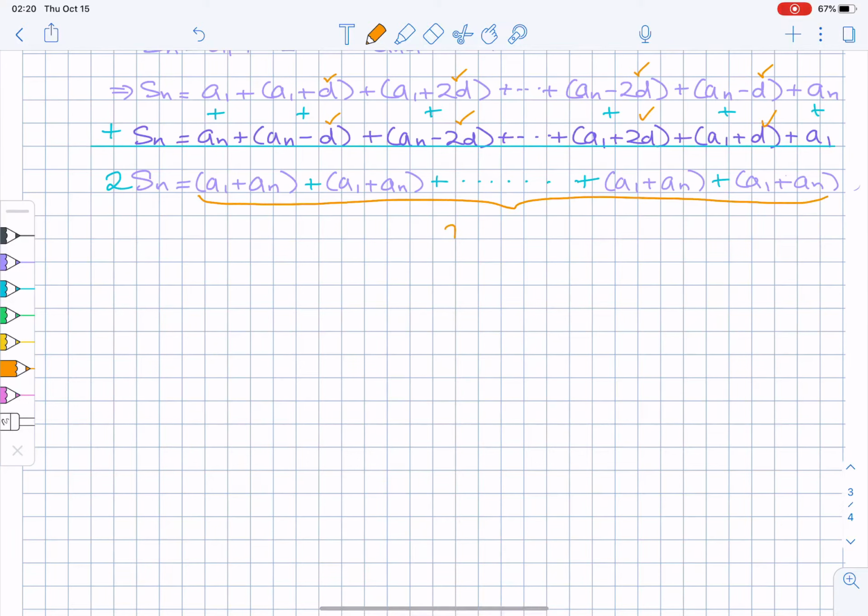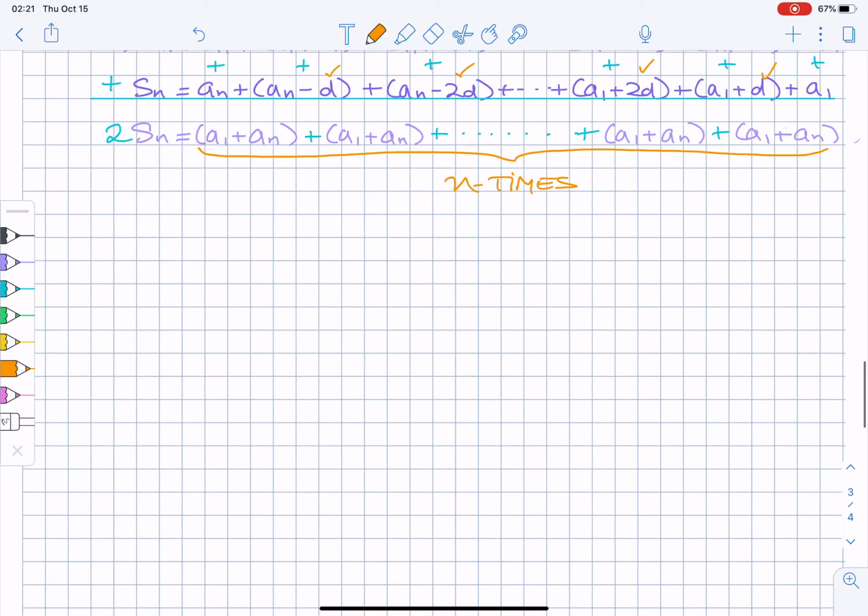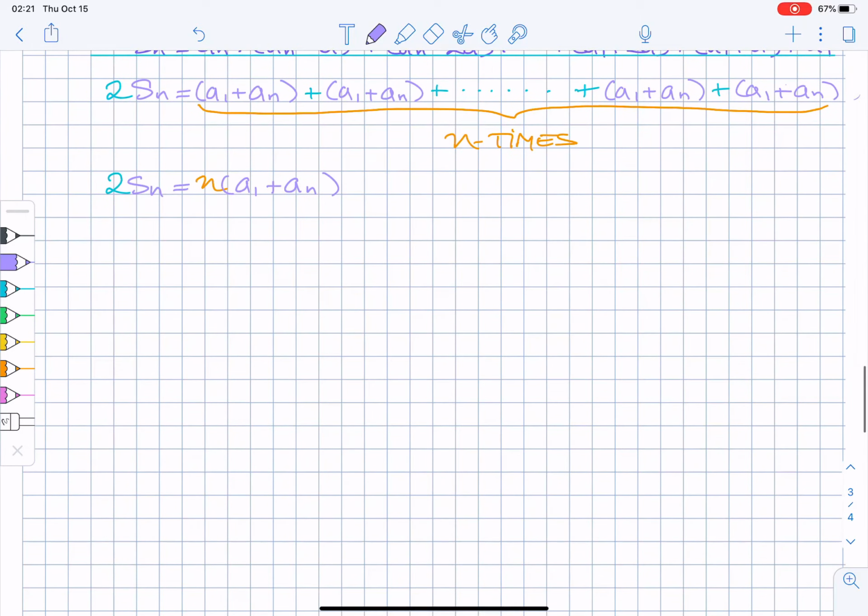So this will be n times. So I claim that twice the nth partial sum is going to be n times a1 plus a sub n, because I'm adding it to itself n times.